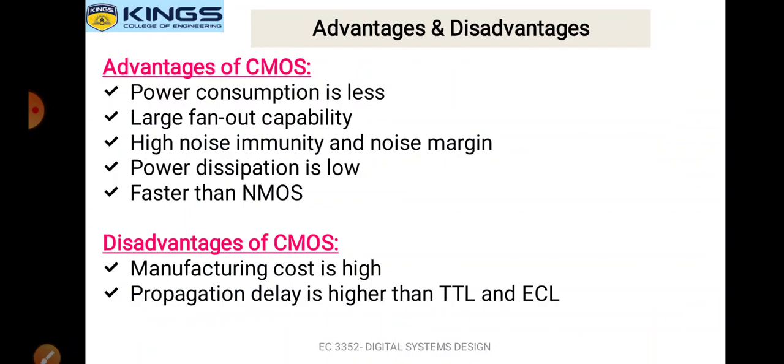What is the main disadvantage? The manufacturing cost is high. Second point, the propagation delay is also higher than TTL and ECL. TTL is transistor-transistor logic and ECL is emitter coupled logic. Compared with these two, the propagation delay is higher in CMOS. So this is the disadvantage.